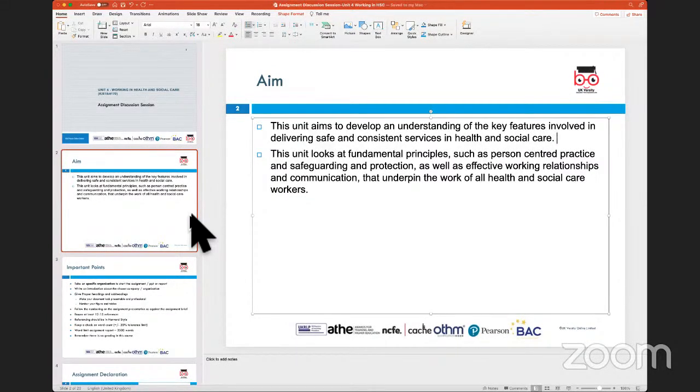Then we talk about the role of a health and social care professional, having certain attributes or basic necessities in terms of skills, things like communication. And then we talk about how you do your work.